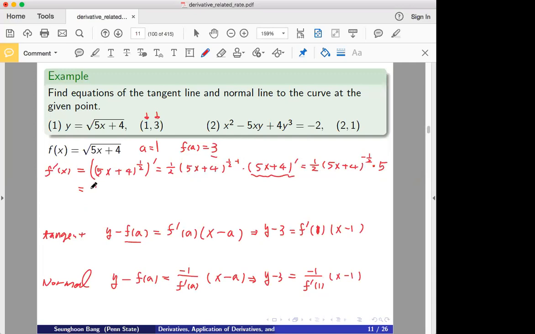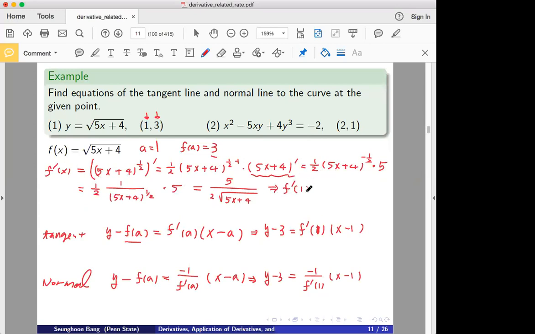Combine: this is 1 over 2, change it, 5x plus 4 to the minus 1/2 times 5. It's exactly the same as 5 over 2 times the square root of 5x plus 4. Next, you need to calculate f prime of 1.